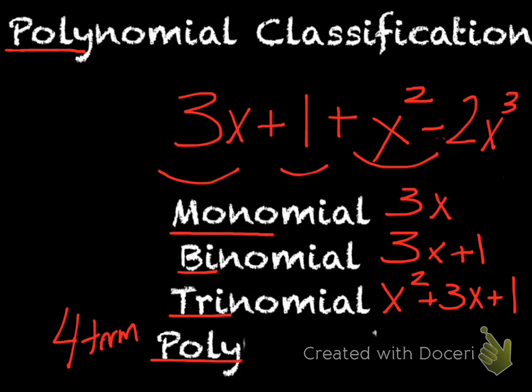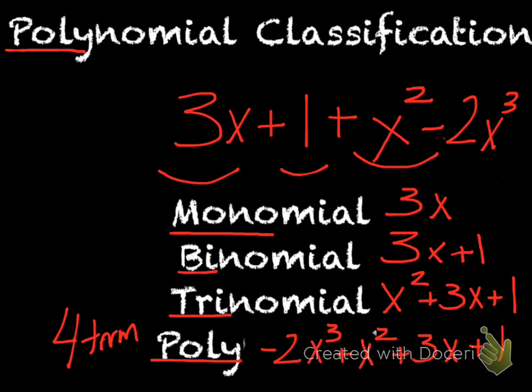So I would put the highest one first, which is the negative 2x cubed. Bring the sign with the term. And then we're going to follow it with a positive x squared. And then a plus 3x and a plus 1. That's an example of a 4-term polynomial because it has 4 terms that can't be combined.